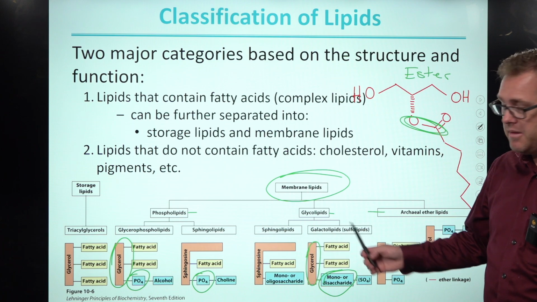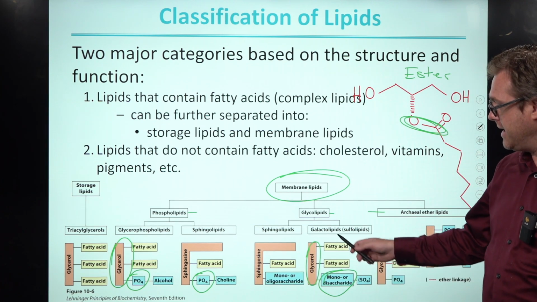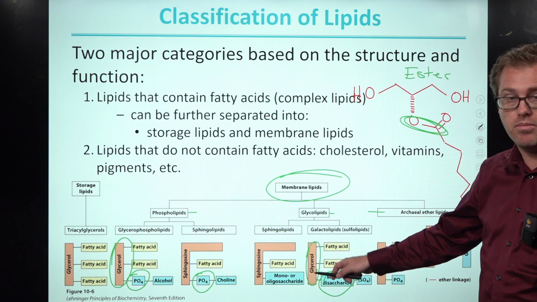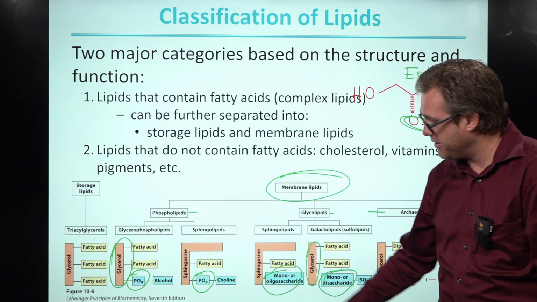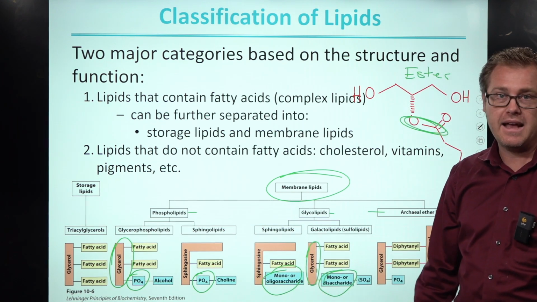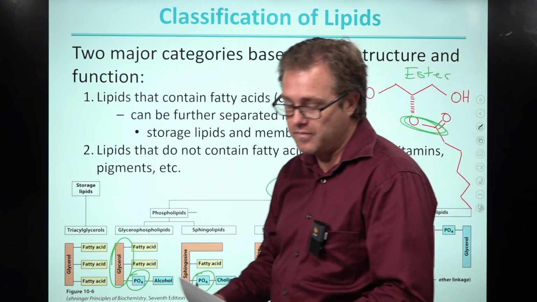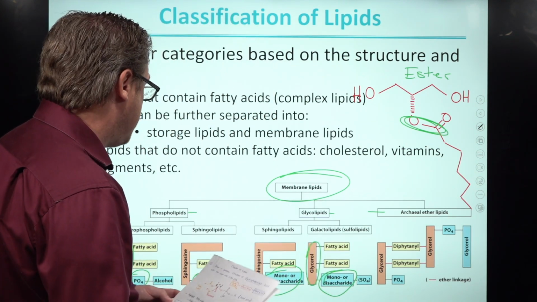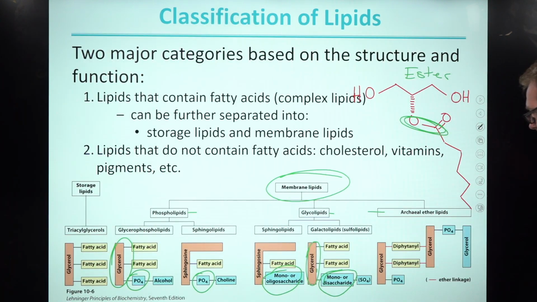But under the glycolipids, we can branch off again. Why? Because this glycolipid has a glycerol component to it, whereas this one also has the carbohydrate, but it has a sphingolipid or a sphingosine. Now, let's just continue on and finish this class right here.